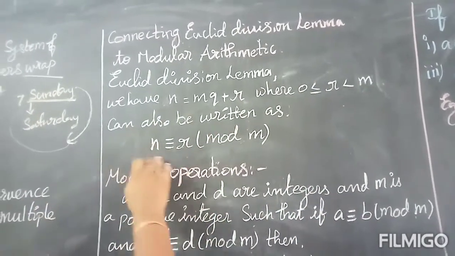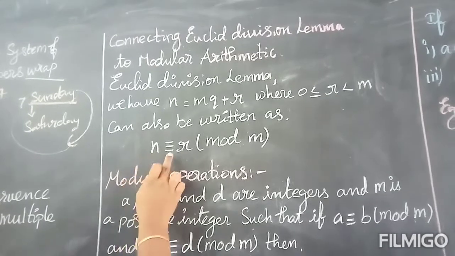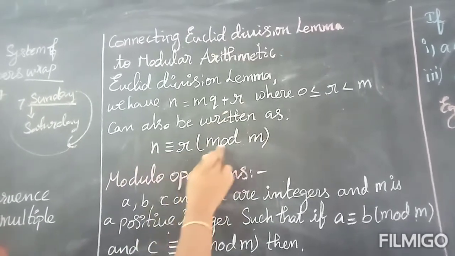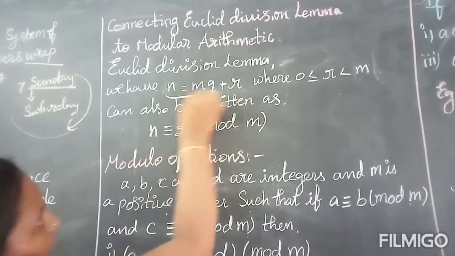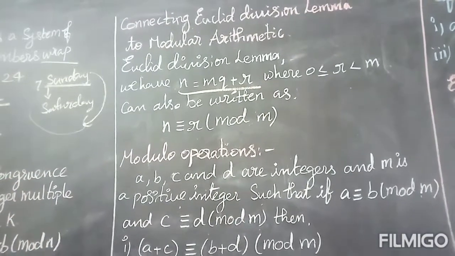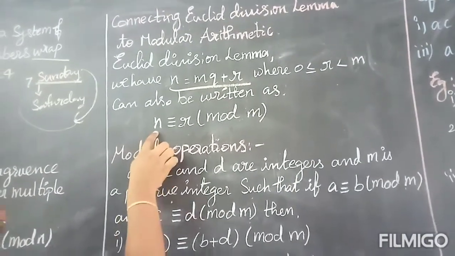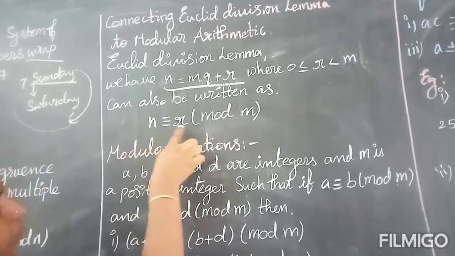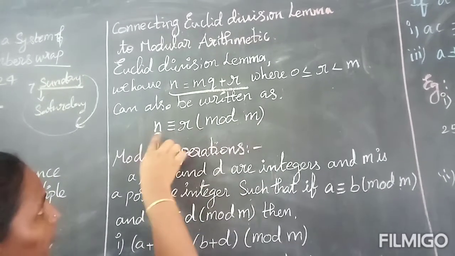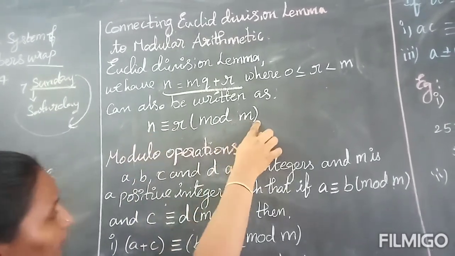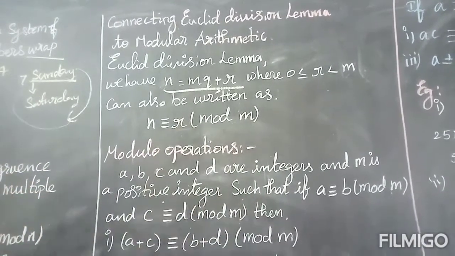So how do you write this in congruence? n equal to mq plus r can be written as n is congruent to r mod m. If you divide n by m, the remainder you have to write here.